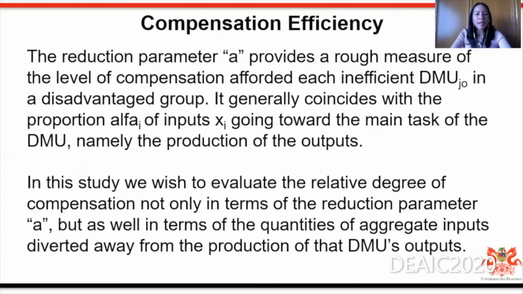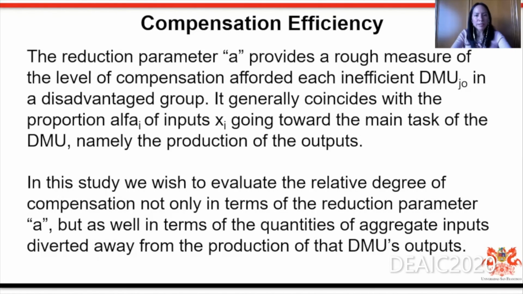The reduction parameter A provides a rough measure of the level of compensation afforded each inefficient DMU in a disadvantaged group. It generally coincides with the proportion alpha i of inputs xi going toward the main task of the DMU, namely the production of the outputs. In this study, we wish to evaluate the relative degree of compensation not only in terms of the reduction parameter A, but also in terms of the quantity of aggregate inputs diverted away from the production of that DMU's output.